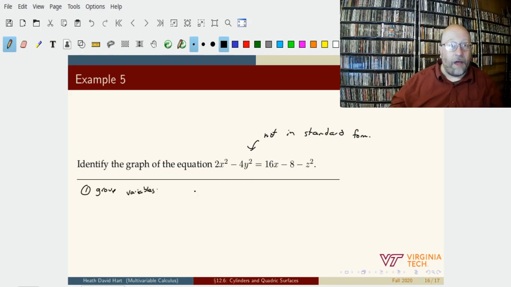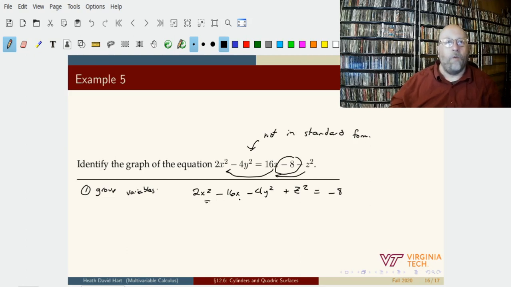On the left side, we're going to get 2x squared minus 16x. I'm bringing this 16x over here. Minus 4y squared plus z squared equals negative 8. So the z squared came over here and became positive, but the negative 8 stayed on the right side.